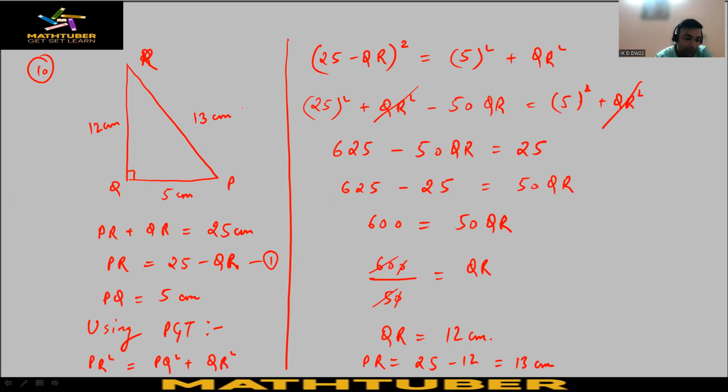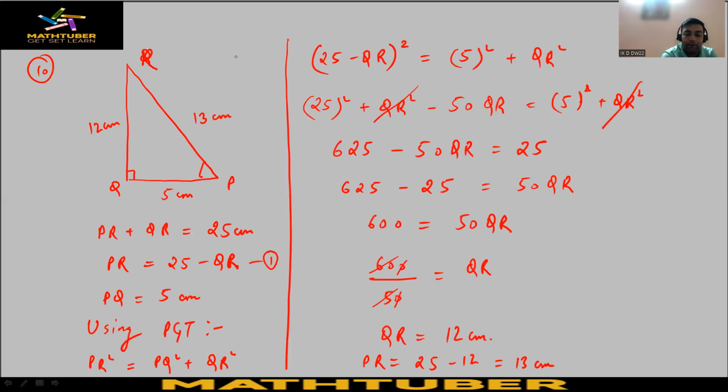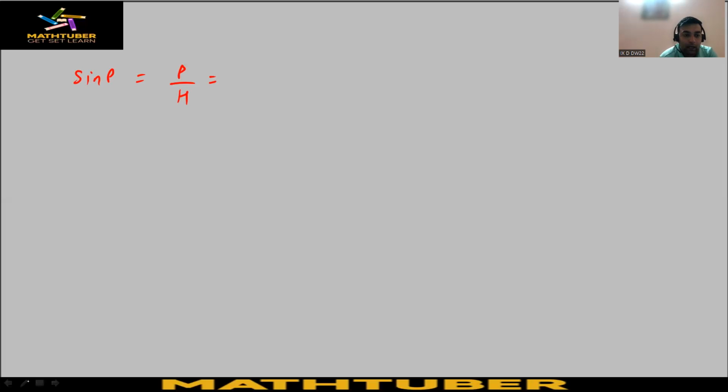Now we have to determine the values of sin P, cos P and tan P. So here, according to angle P, sin P is perpendicular upon hypotenuse, and according to angle P, 12 centimeter will be the perpendicular, and 13 centimeter will be the hypotenuse.